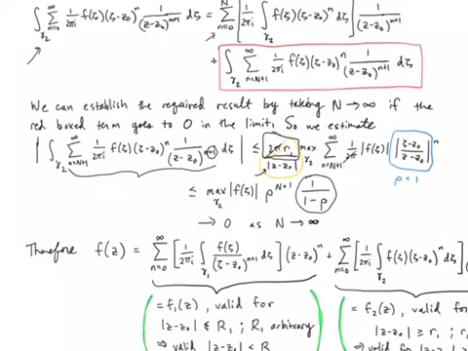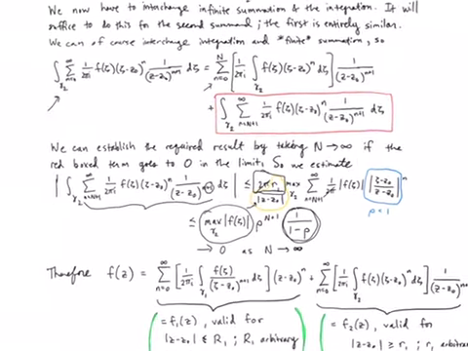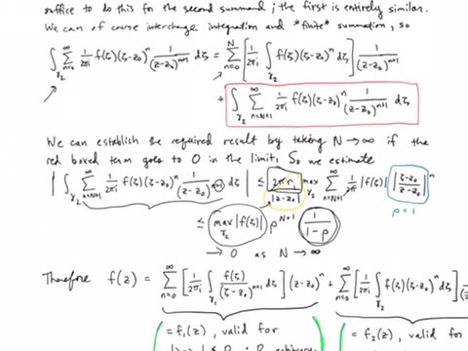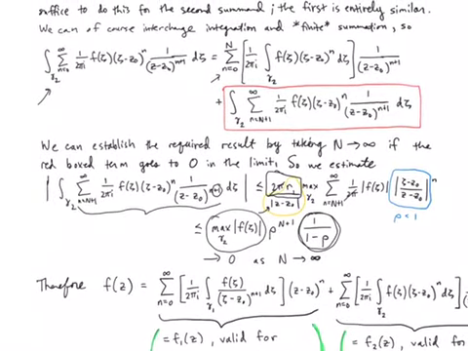And so as n goes to infinity, this is just a fixed number, and then rho to the n plus 1, well, that exponent's going to infinity and rho is less than 1, so that's going to 0 as capital N goes to infinity. And so your red box goes to 0.